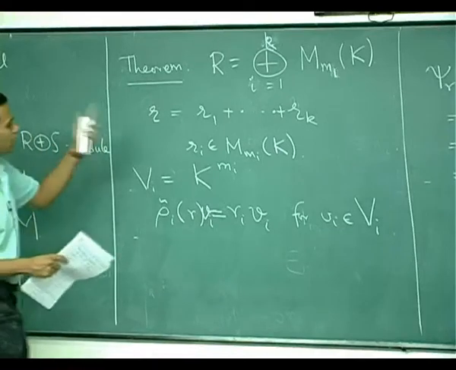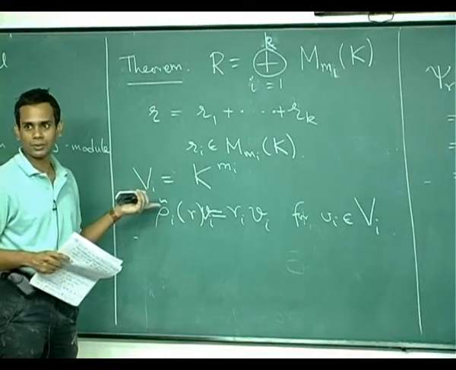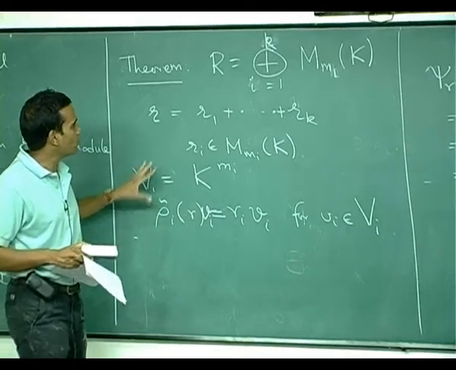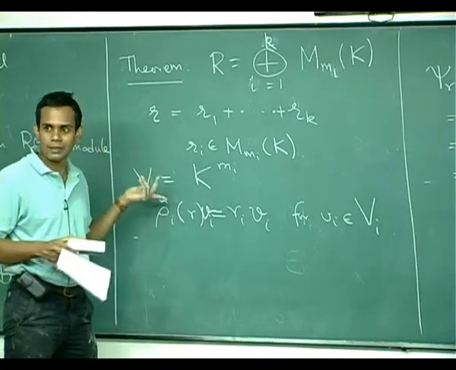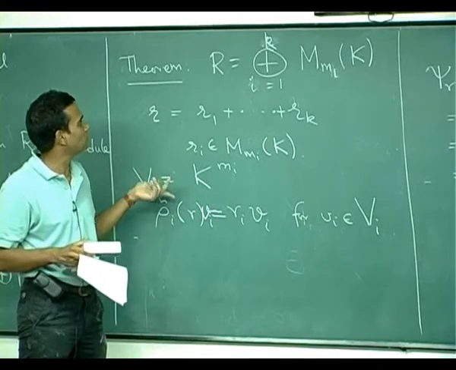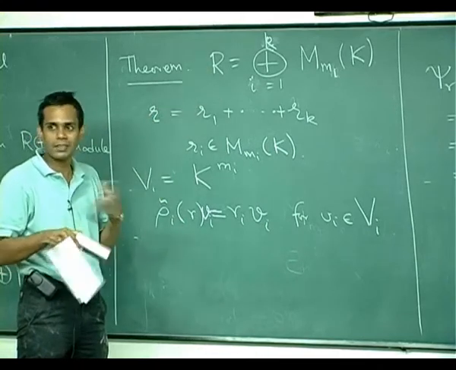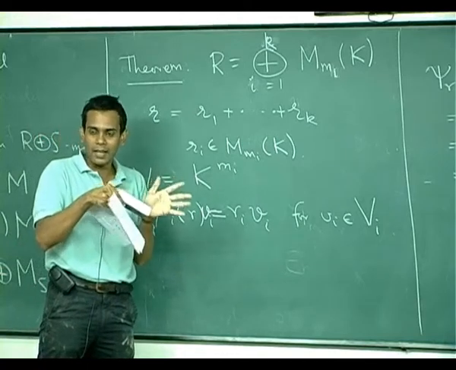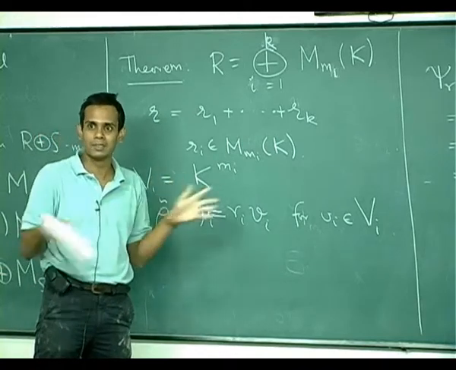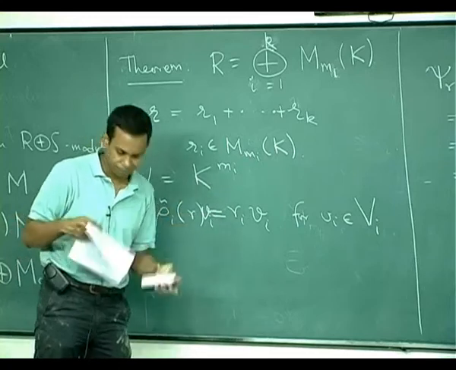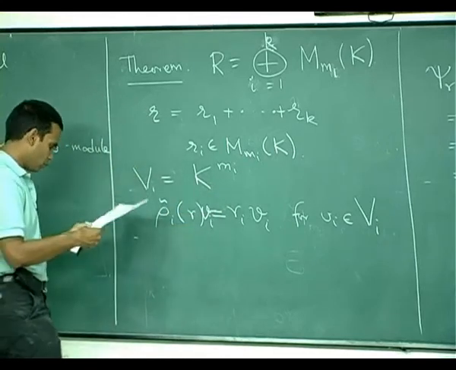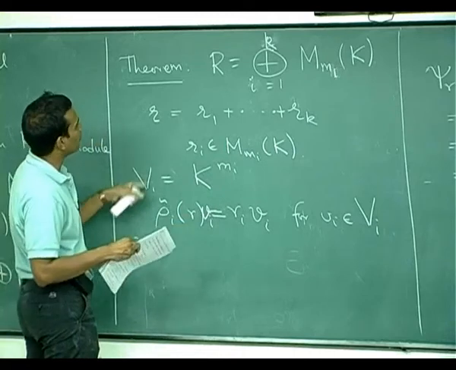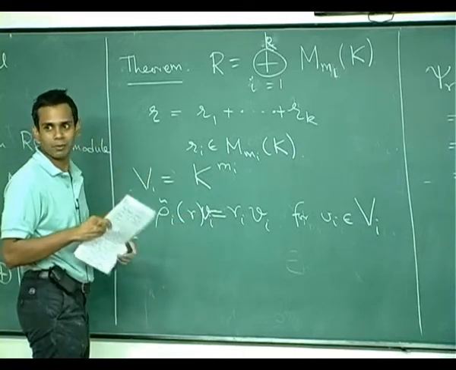So I've defined for you k R modules, and if you just think of this as a module for the ith matrix algebra, then it is simple. Therefore it's actually a simple module for R, because if it has no invariant subspaces under just a piece of the algebra, it cannot have invariant subspaces for the whole algebra. So these are simple R modules, and in fact these are all the simple R modules.